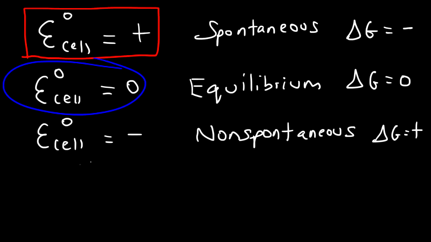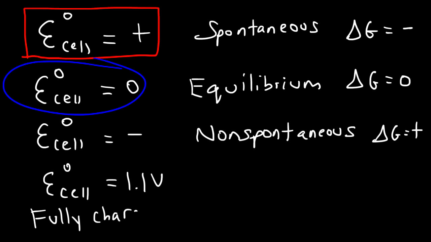So let's say we have a cell potential like the example that we had earlier, which is 1.1 volts. In this case, the battery is fully charged. It has energy to give away. It can power a laptop, or maybe not that much, but power a small light bulb. Now, as you use up the battery's energy, the voltage or the cell potential will decrease.